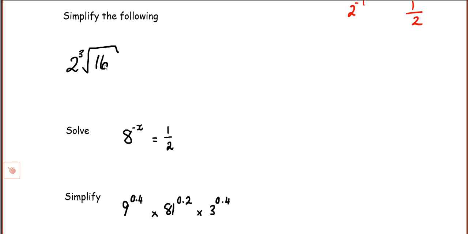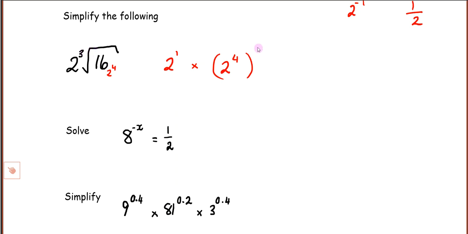This one, yes, sorry about that, it could have worked either way, actually. 2 cubed multiplied by this, but I'm pretty sure, my writing, sorry about that, but I did explain. So this one would be 2 to the power of 1 multiplied by 2 to the power of 4. 16 is 2 to the power of 4.